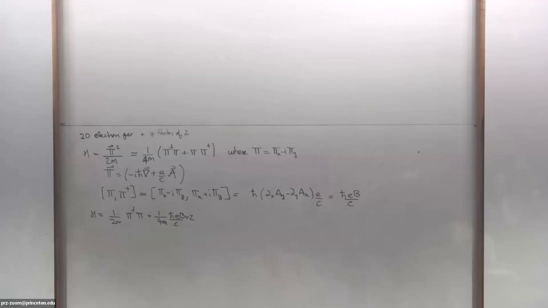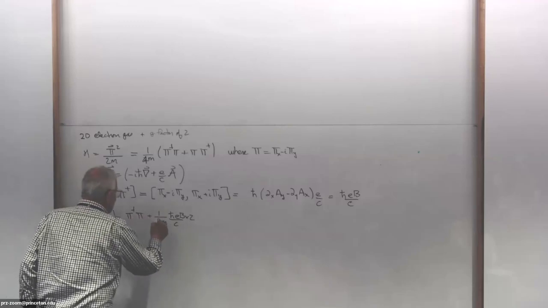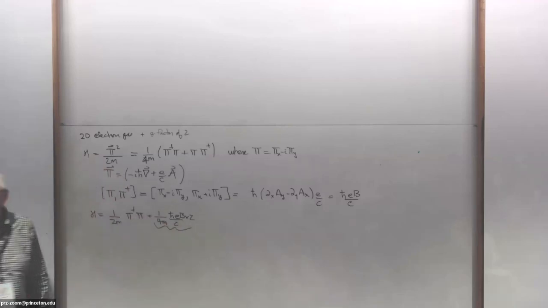We don't have the Zeeman energy. And we have a position-dependent magnetic field, and we have some other terms that depend on position as well. I'm going to make an argument later that all of those extra terms, including this zero-point kinetic energy, approximately cancel.